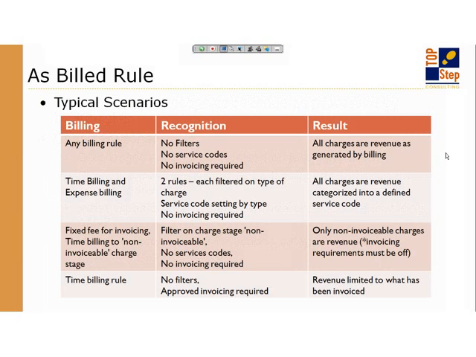So let's take any kind of billing rule, fixed fee, time and material, doesn't matter. And you've got the simplest as-billed rule on there that says, I don't care where the charge is. I don't care if it's on an invoice. I don't care what the service code is. When you run the revenue rule in this situation, anything that was charged, anything that was generated through billing will be picked up as revenue.